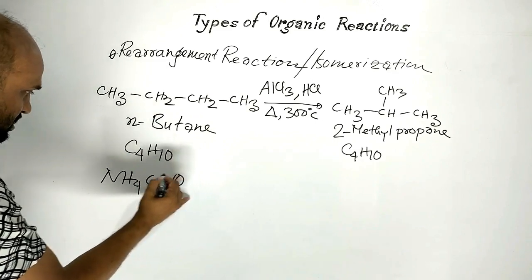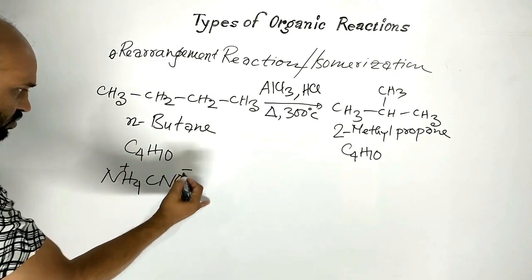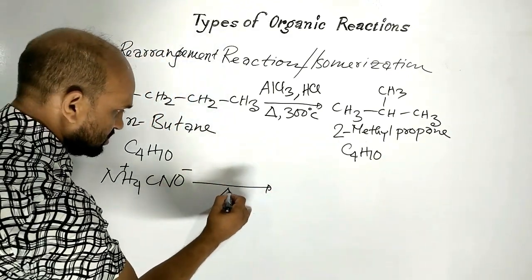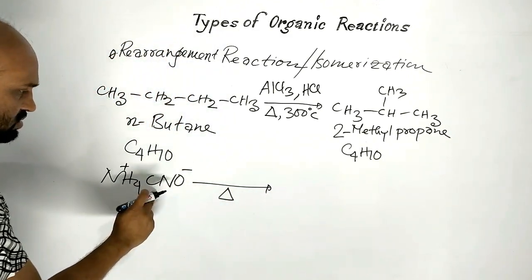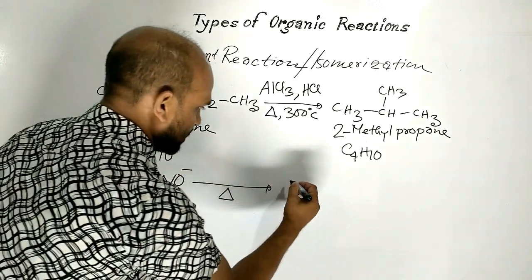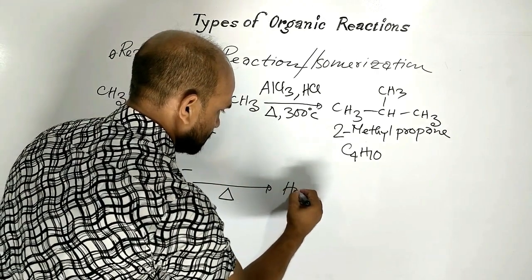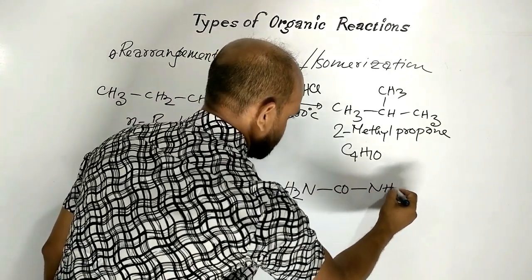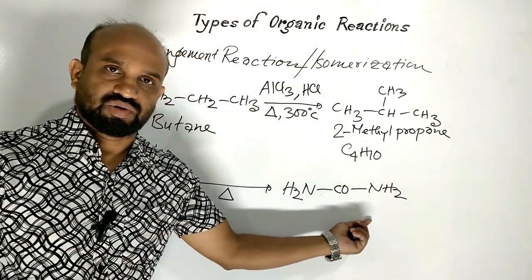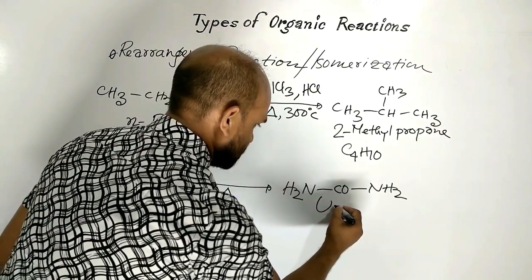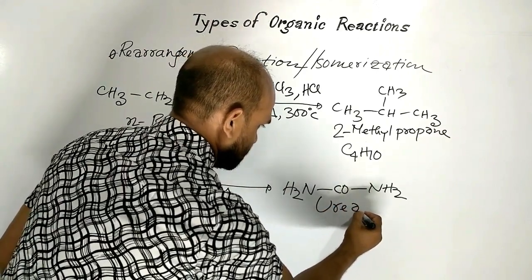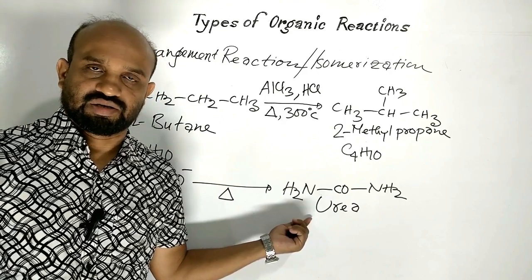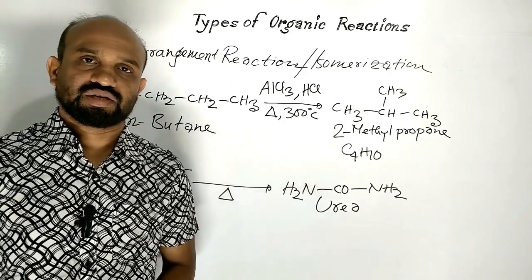Ammonium cyanate, a kind of ionic compound. When this is heated, then ammonium cyanate isomerizes to this compound, urea, which is a kind of carbamide. This is also known as urea.